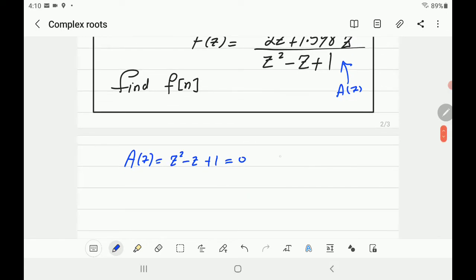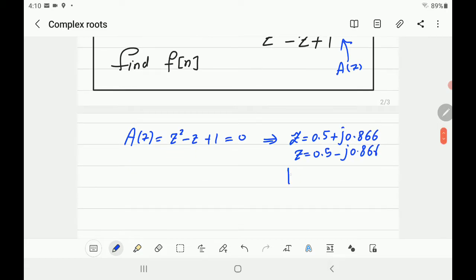That's the step we're going to do. Then you solve this one, and you'll find that Z could be equal to 0.5 plus j 0.866, or Z is equal to 0.5 minus j 0.866. And now we check the magnitude of Z, which is 1.